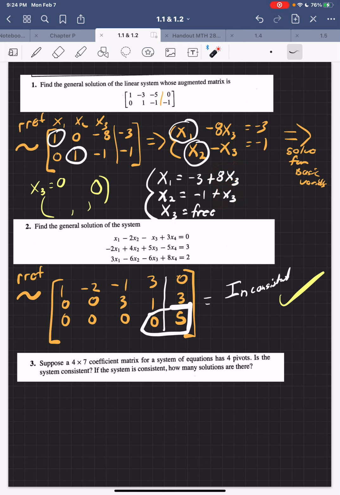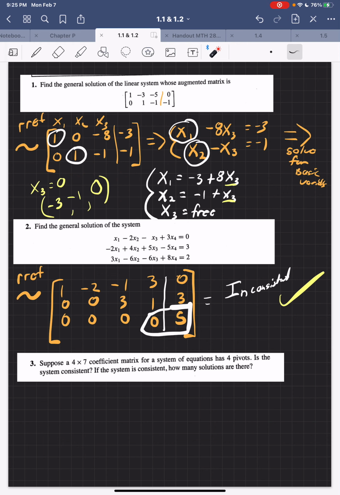If I plug 0 in for x sub 3 in the first equation, x sub 1 is equal to negative 3. If I plug 0 into the second equation, x sub 2 is equal to negative 1. What am I trying to tell you? This is a point in space that is one of the solutions to this system. You can imagine some lines crossing each other at this point. But that's just one point.